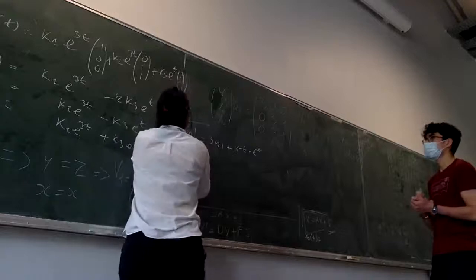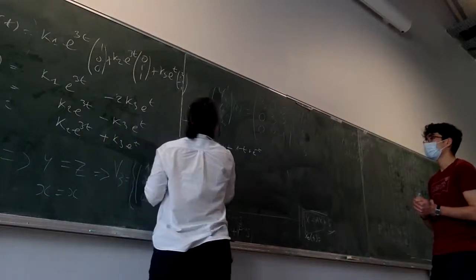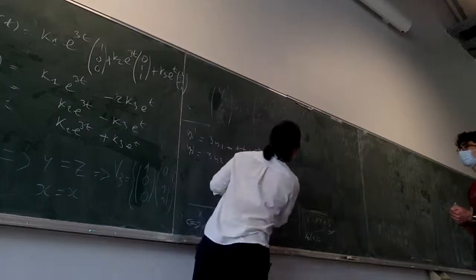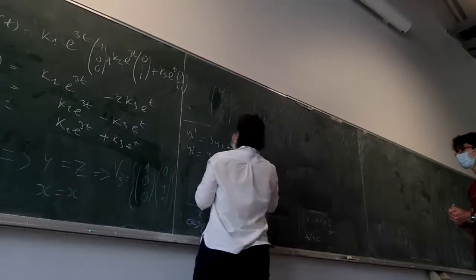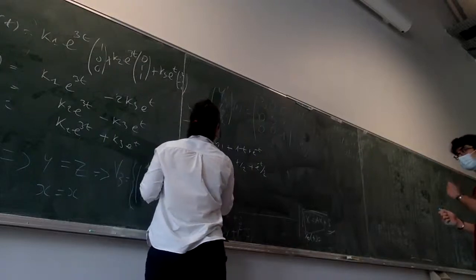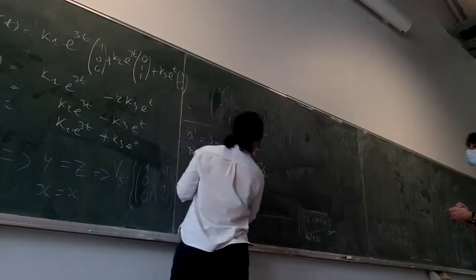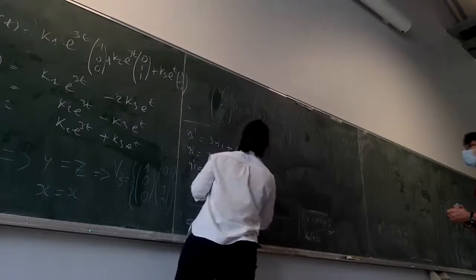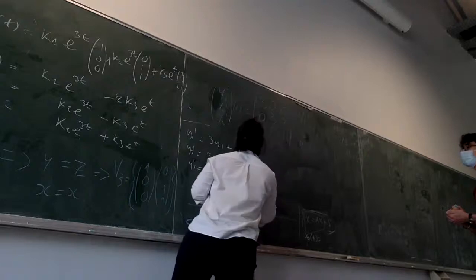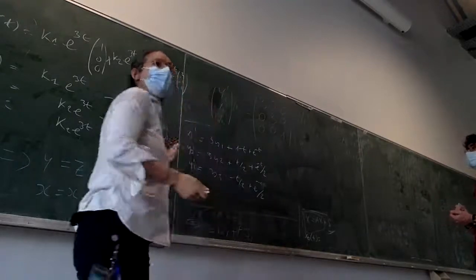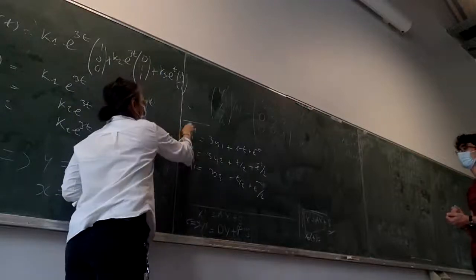And then you get y2 prime equals 3y2 plus t over 2 plus e to the minus t over 2, and y3 prime is equal to y3 plus minus t over 2 plus e to the minus t over 2.